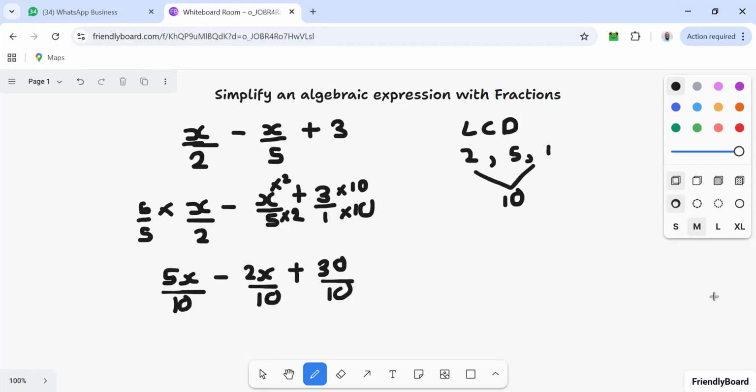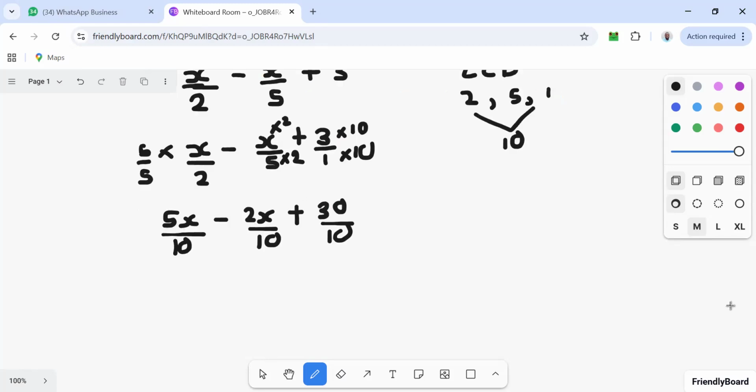Okay, then the next step will be to write this expression as one fraction.